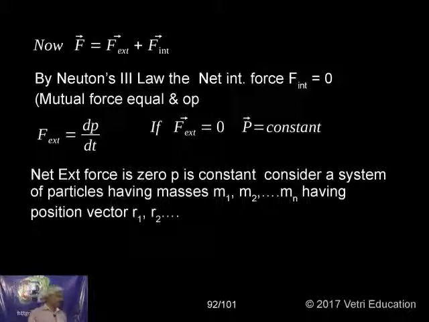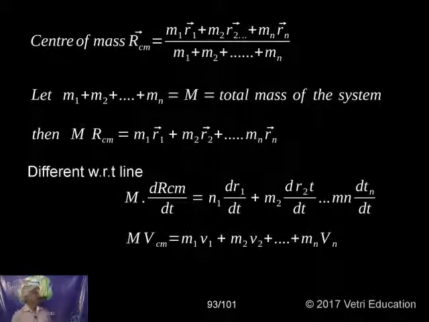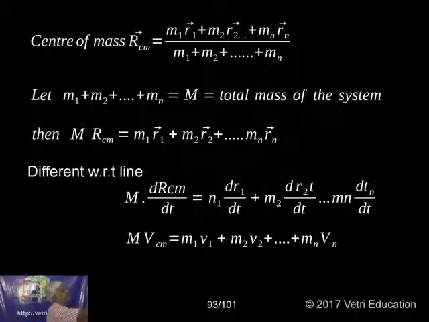Okay. In that system, I consider different particles m1, m2, m3, etc., having position vectors r1, r2, etc. This r1 is the distance of the first particle from the center of mass, r2 is the distance of the second particle, and so on. The resultant center of mass, R_CM, where CM means center of mass, is m1 r1 plus m2 r2 plus m3 r3 and so on up to mn rn, divided by m1 plus m2 plus m3 plus up to mn.